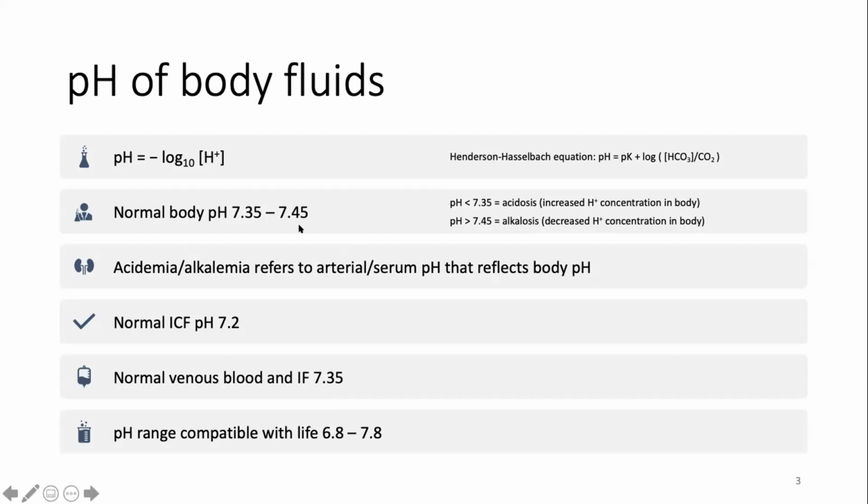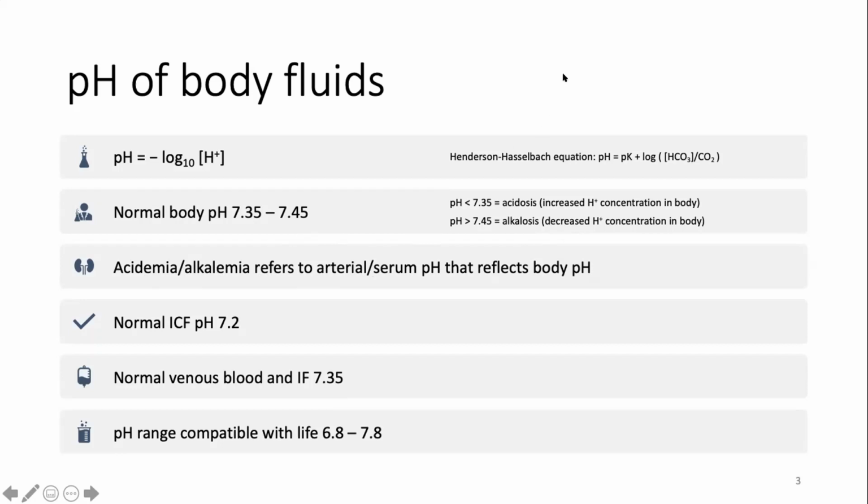But in clinical practice, most of the time, the pH that we refer to is the arterial pH when you take the ABG. So the correct term for the pH of the artery is really acidemia and alkalemia.